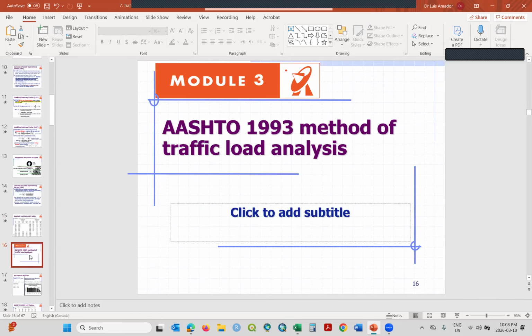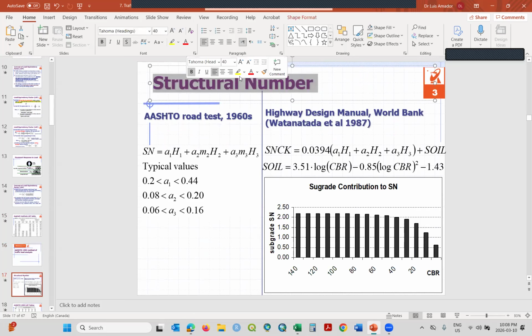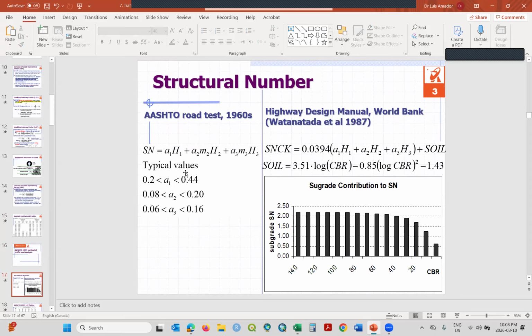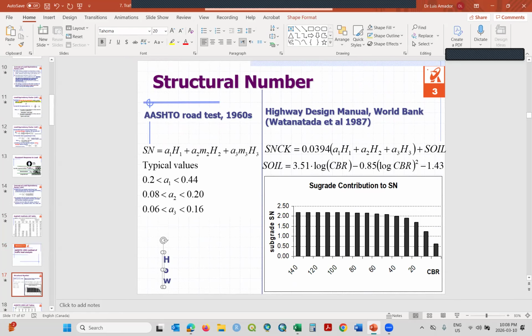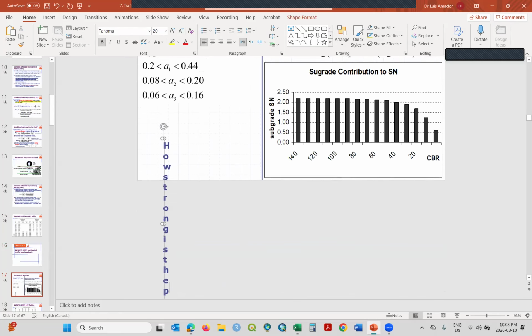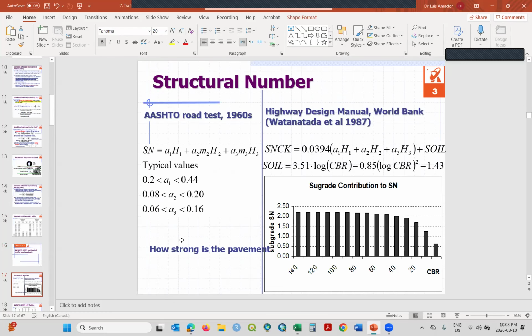Okay? So now we're going to look into the AASHTO 1993 method for traffic load analysis. The first concept that we need to handle is the structural number. The structural number is basically how strong the pavement is.